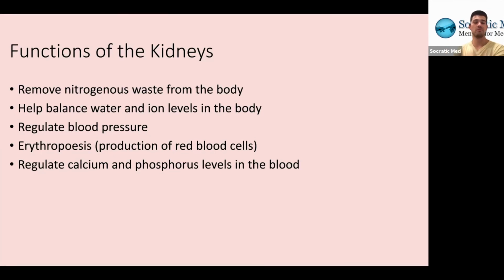It helps regulate blood pressure. It oversees erythropoiesis, which is the scientific term for red blood cell production, and it helps regulate calcium and phosphorus levels in the blood. So I'm pretty much going to spend this lecture just going through each of those bullet points, and we're going to go into detail specifically how the kidney accomplishes all of this.